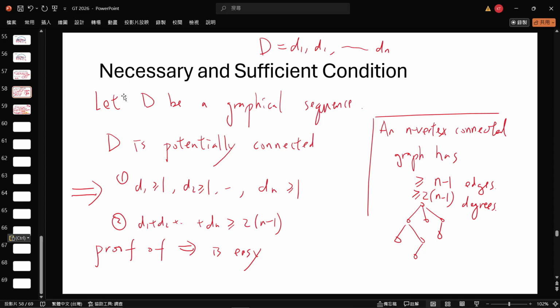Okay. So next, we're going to consider the proof for the other direction. But let me first write down the statement.